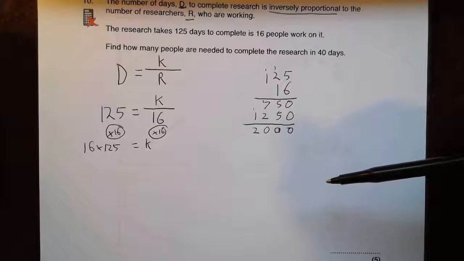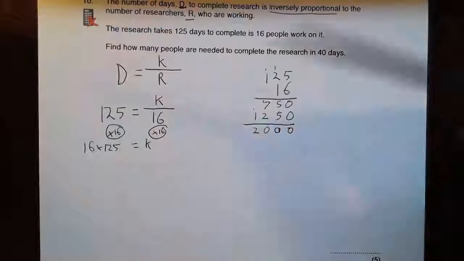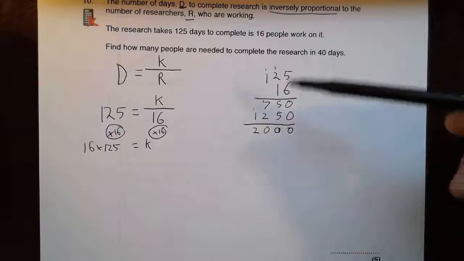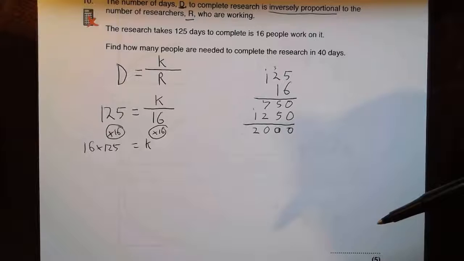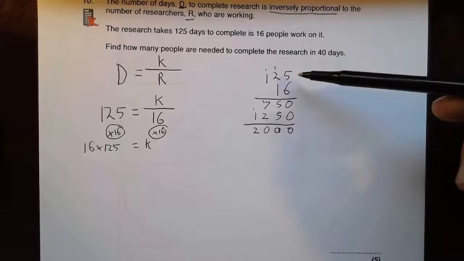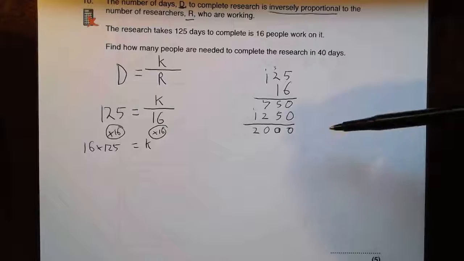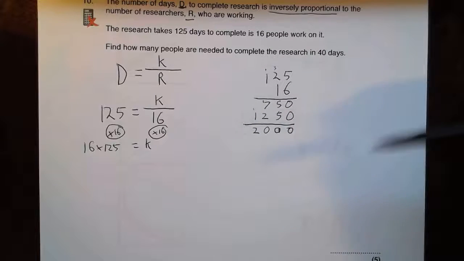Looking at it again, I would probably be able to do that more easily in my head, or by timesing it by 2 to give 250, then times by 8. So just be very careful not to make a silly mistake, because I nearly did by working through a method. Okay, so K is 2000.